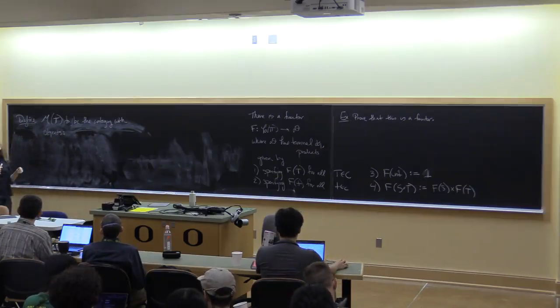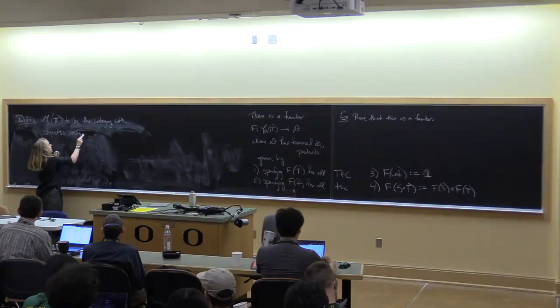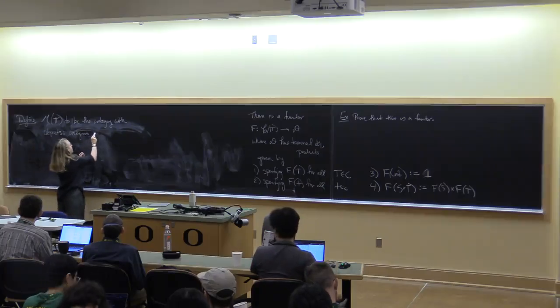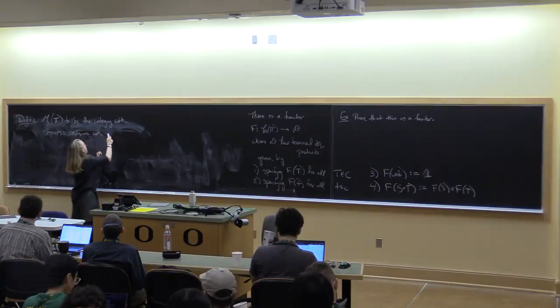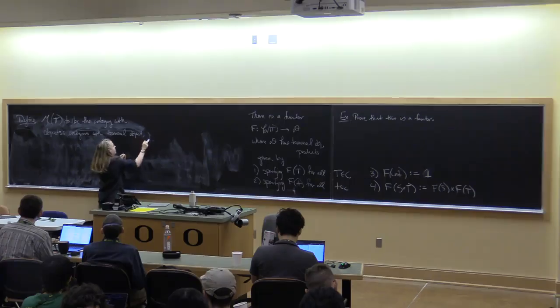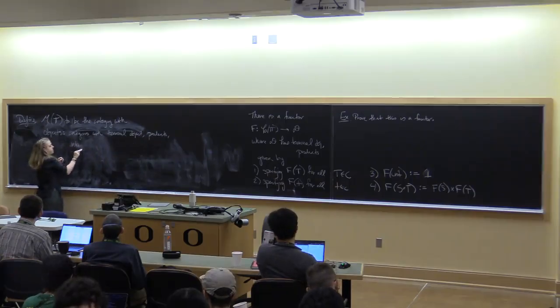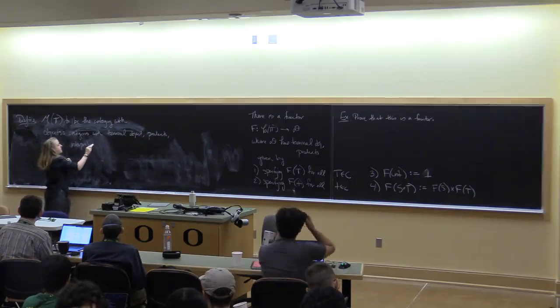So this is going to be a category of models of T, or a category of categories which have interpretations of T. Okay, so the objects are categories with terminal object, products, and interpretations.